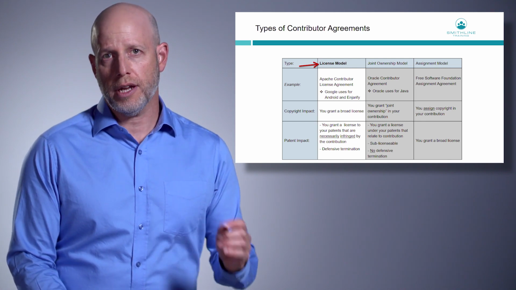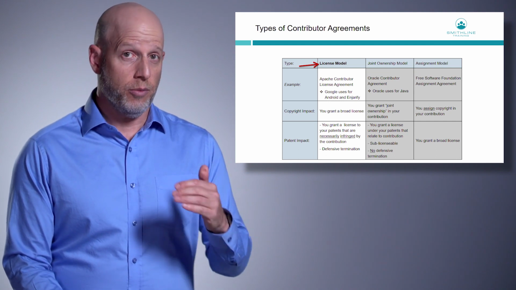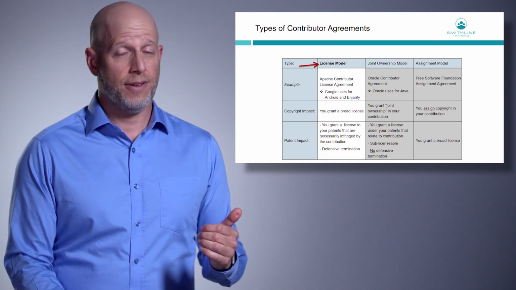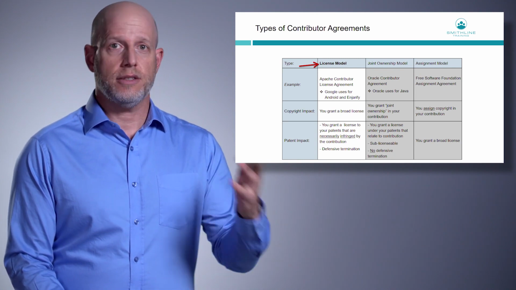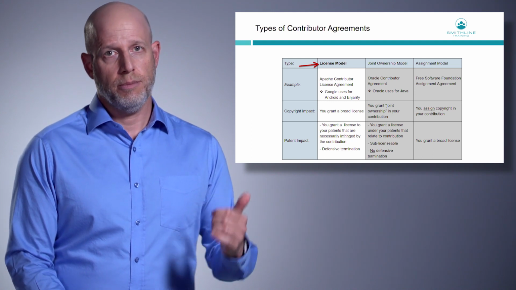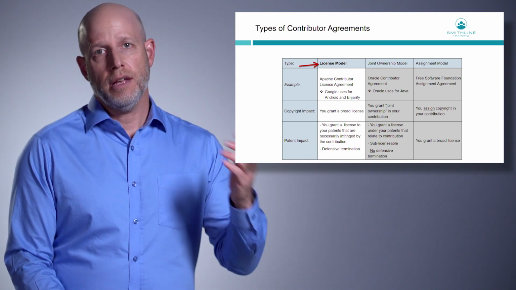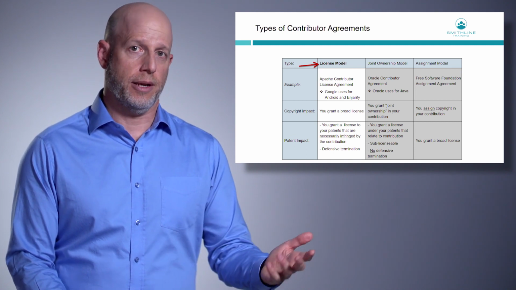Importantly, you also grant a patent license to the project lead. Although I would note that with respect to your patent license, there is defensive termination, meaning that if you've granted a patent license to the project lead and you are then sued based on your contribution, the licenses you granted under your patents with respect to that contribution terminate.